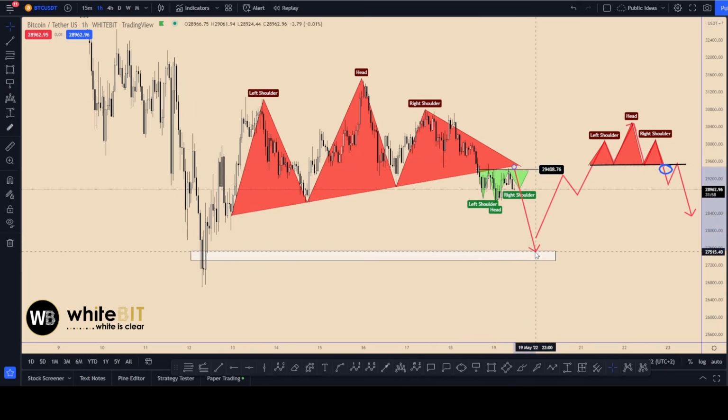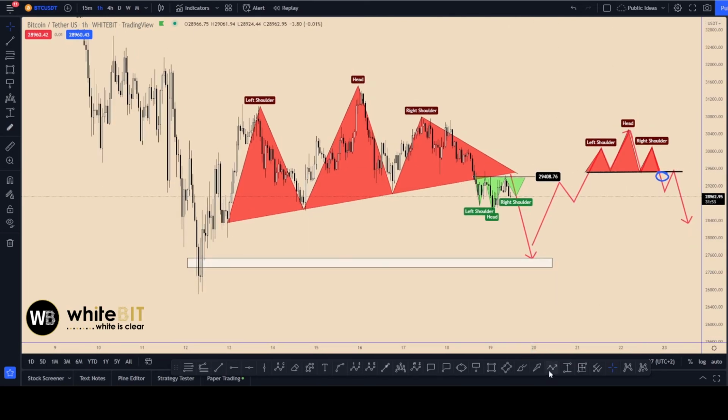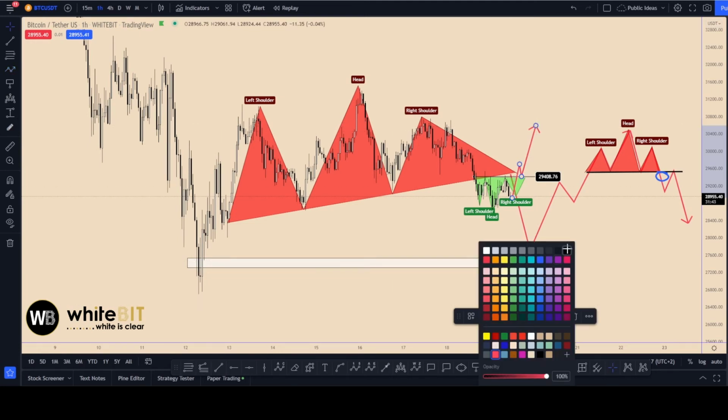So what can happen? For the time being, the chances are that the price can continue moving down, but if we see the price jumping back up above the neckline, it will continue moving higher in this direction.